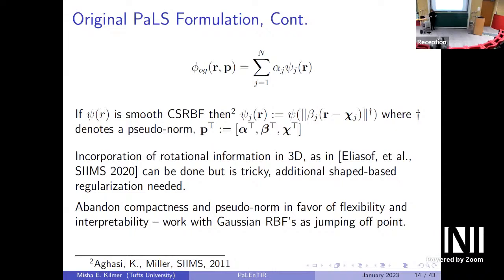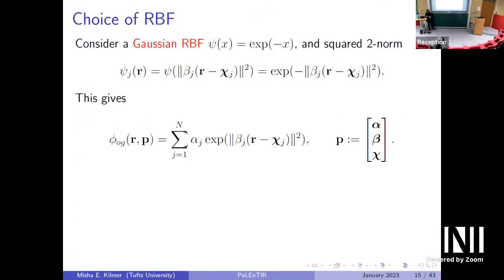So what I'm going to do now is abandon the compact support, and abandon the pseudonorm, in favor of both the flexibility and interpretability of just plain vanilla Gaussian radial basis functions. Use that as the jumping-off point and show you what we can do. Okay.